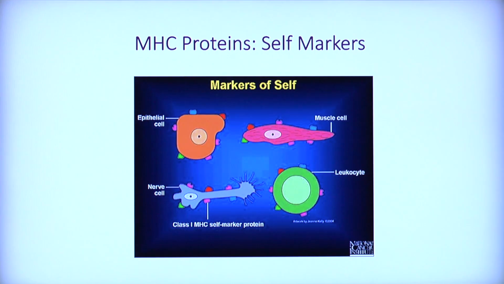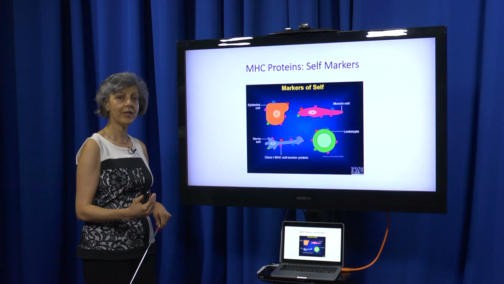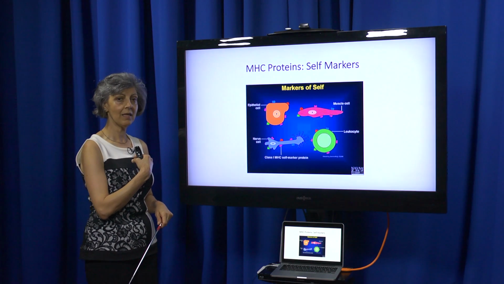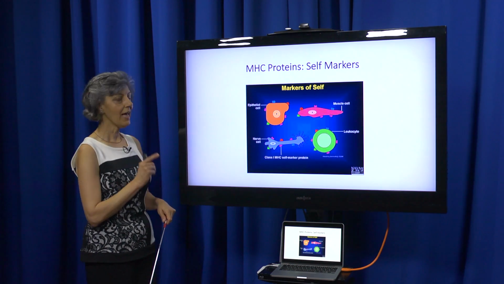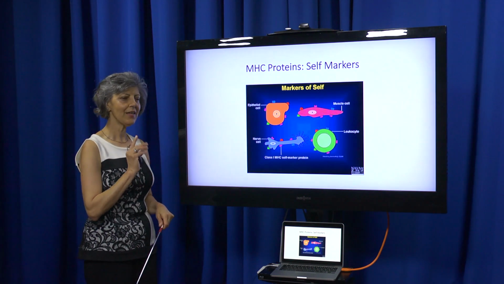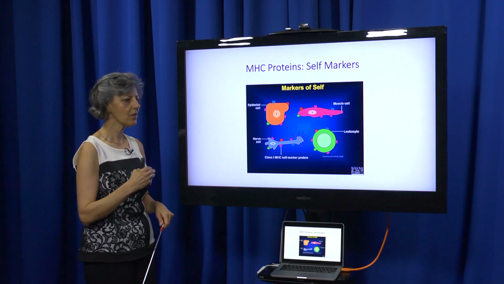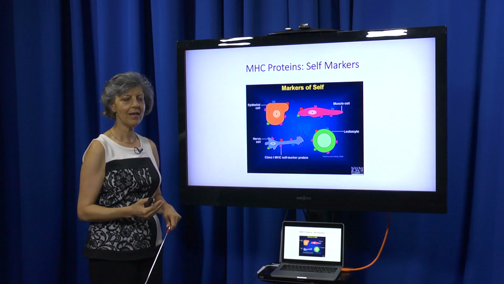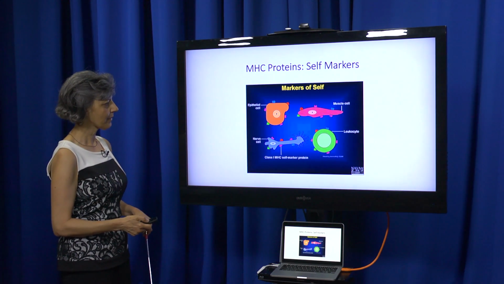So the function of MHC protein is, number one, self-recognition, to prevent my immune cells from attacking my own body cells. Now remember, every person has their own unique MHC proteins, which are very different from any other person, except, of course, in identical twins.